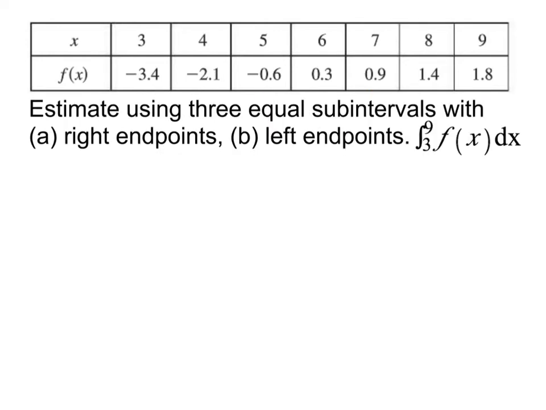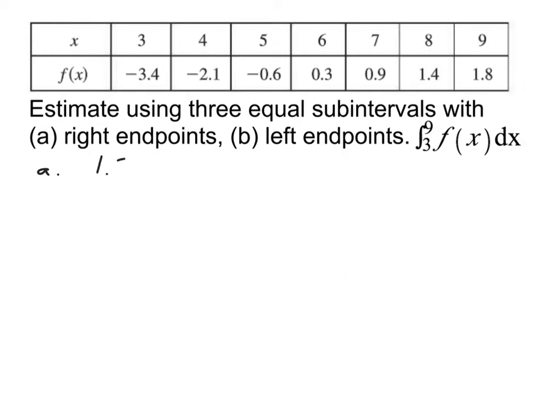All right, so to do part A, I need to use the right endpoints. Just so I can keep my own head wrapped around this properly, when I do my right endpoints, I'm actually going to start with the rightmost endpoint. The far right endpoint of this whole thing is the 9, 1.8. Now I want the height of the rectangle, that's the f of x, so I'm going to start with the 1.8.